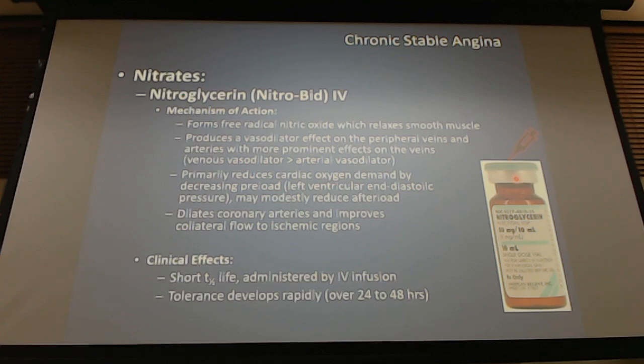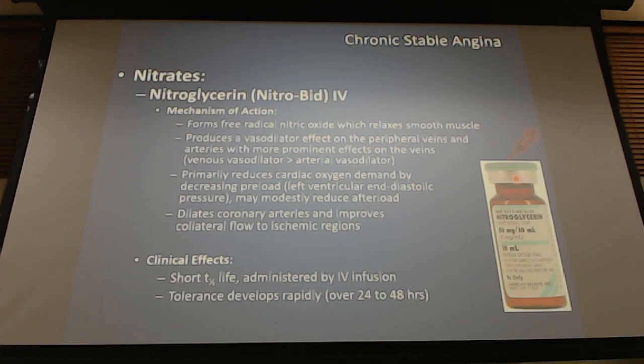This is looking at our IV formulation. We kind of talked about this the other day. Mechanism of action, same thing. We have that nitric oxide forming, which is then going to decrease the O2 demand. We have the preload going down. We have some vasodilation occurring. So essentially, this is the same playing field.